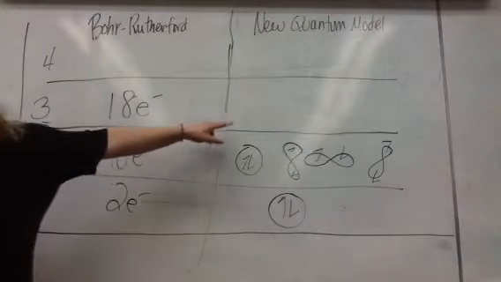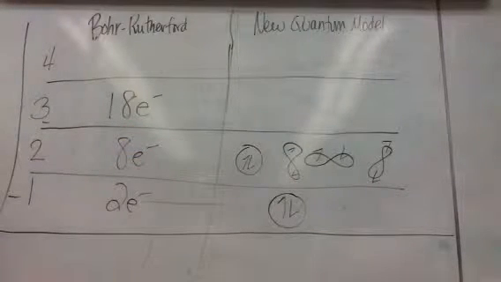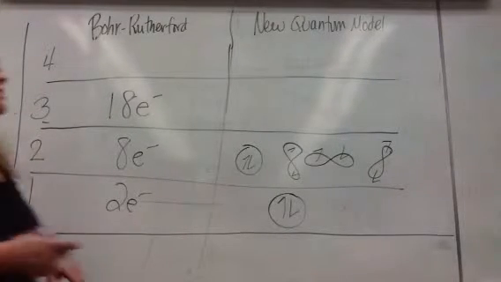So let's look at the third level. What do we know in the quantum model? S, P, D, 1, 3, 5 orbitals, with 2 electrons each.